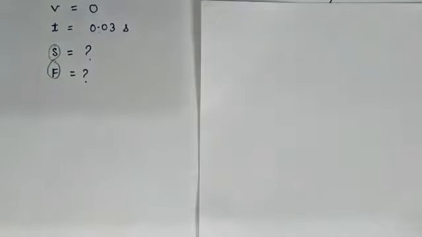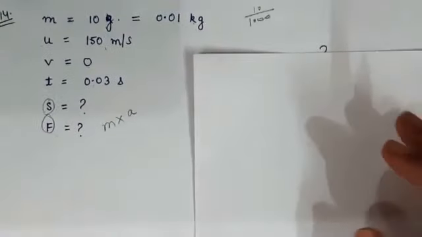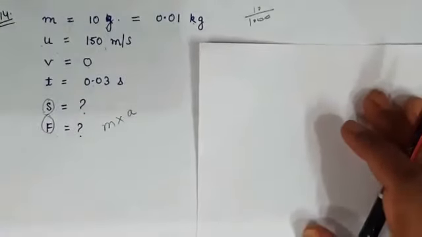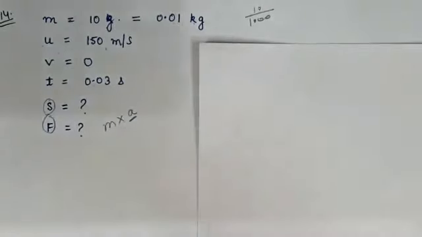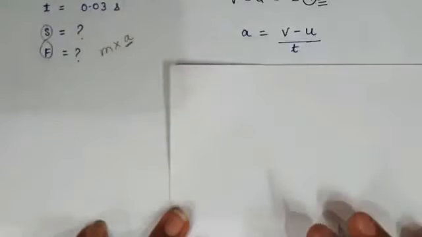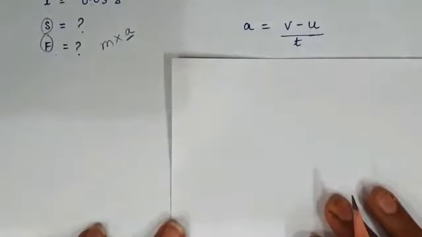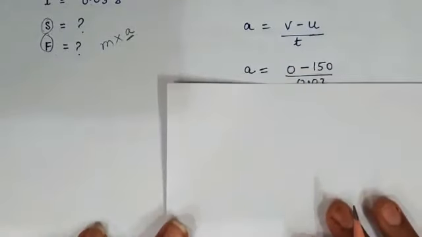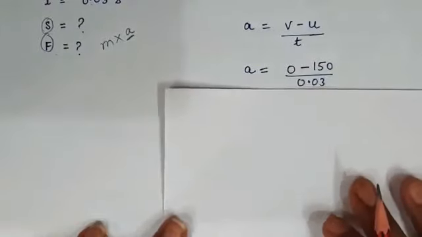What is the formula for force? Force is ma. Mass is given in the question, that is 0.01 kg. Now acceleration is not given. So first of all, calculate the value of acceleration. The formula for calculating acceleration is v minus u upon t. So v is given 0, u is given 150 and t is given 0.03.